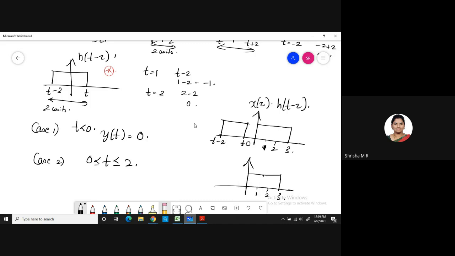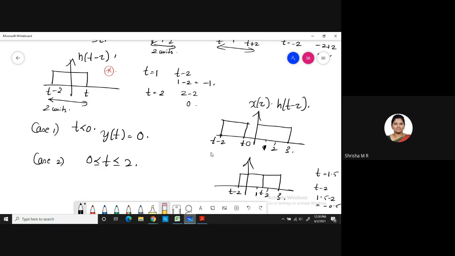I'll assume it's 1.5. Where will t minus 2 be? 1.5 minus 2 will be at minus 0.5, correct? So it will be at this t minus 2. If for example t is 1.5, t minus 2 will be at minus 0.5. Yes or no? So now check what the overlapping space is.